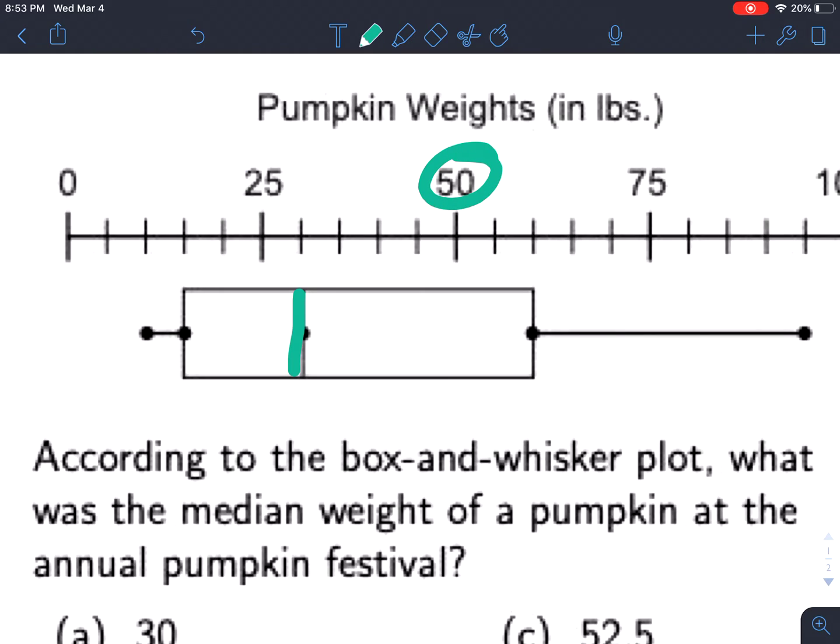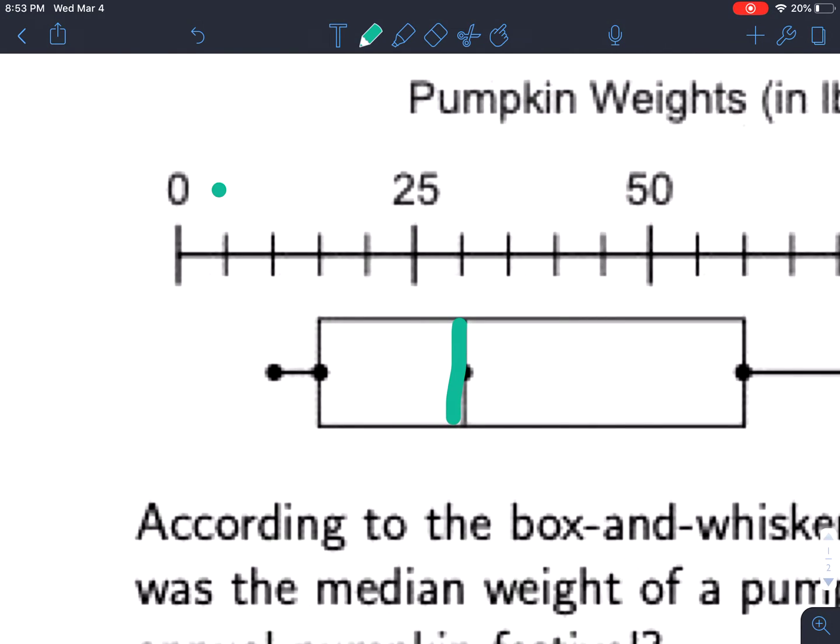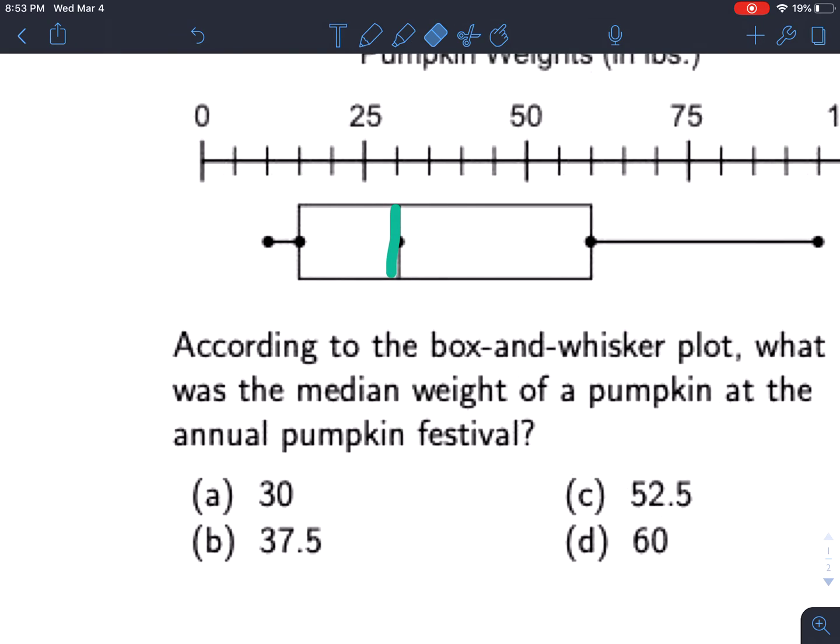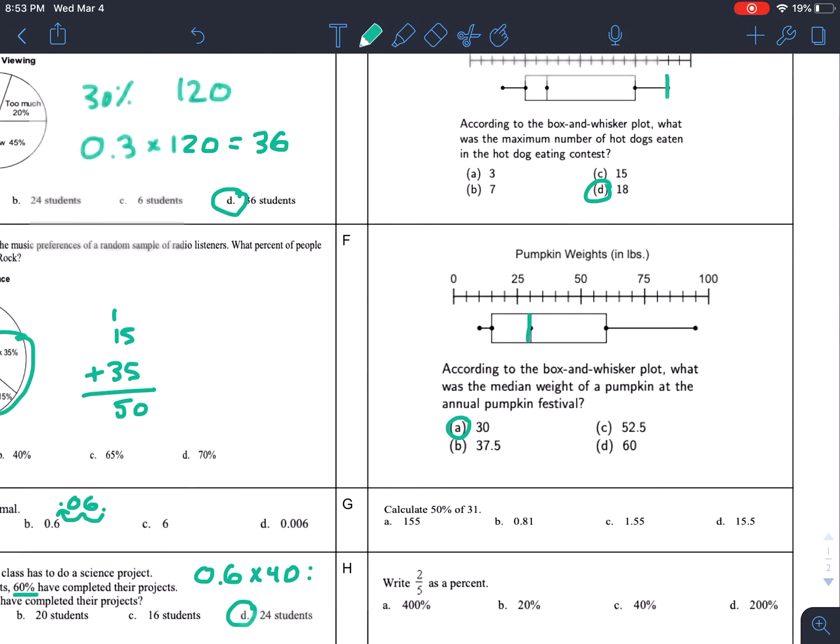Okay, and it looks like I'm going by fives. So it's like 0, 5, 10, 15, 20, 25, 30, 35, 40, 45. Okay, so you got to figure out that scale. So it's 5 units past 25, which is going to be 30 right here. So A. Oh my gosh, I think they are all going to be A and D.